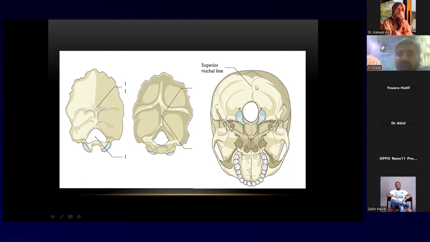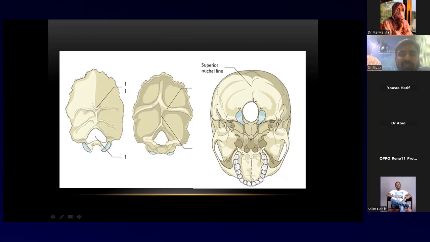If it goes upward, above the inion, there is a chance of irritation over the skin and infections. Second, if we go superiorly, later on the patient can have a problem in the occipital area, and then again it will be difficult for us.